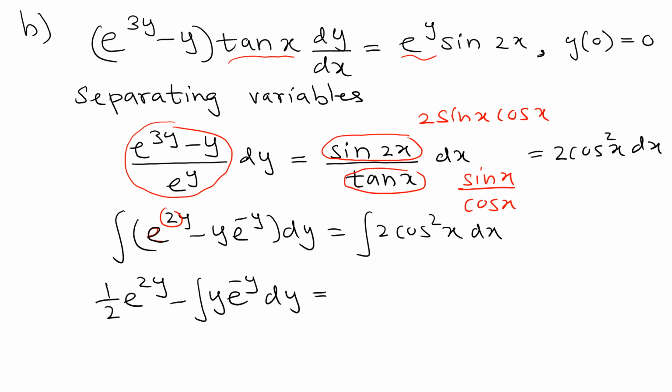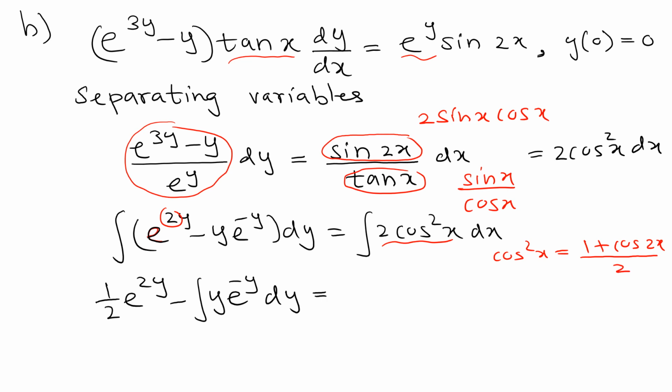And on the other side, you have to use the double angle formula here. We know that cosine squared x equals (1 plus cosine 2x) divided by 2. So we can use that result for the second one.